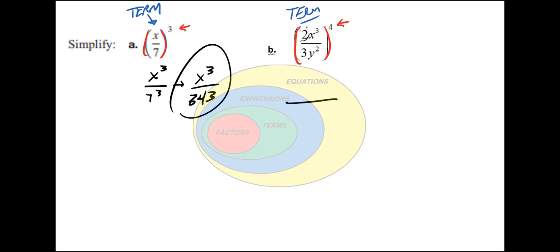The factor of 2 in the numerator needs to be raised to the fourth power. The factor of x cubed in the numerator needs to be raised to the fourth power. In the denominator, we have a factor of 3. So we have that factor of 3, and we need to raise it to the fourth power.